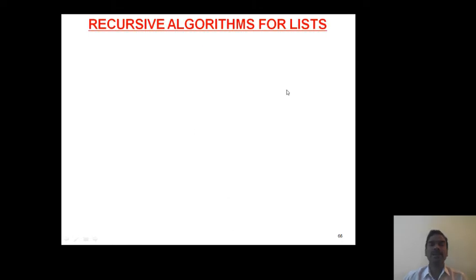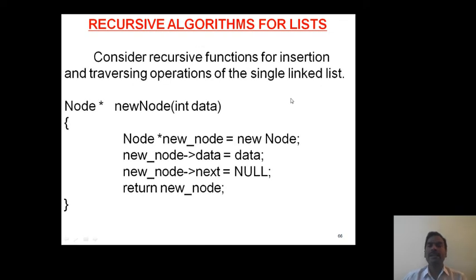The next concept, recursive algorithms for lists. When we design a list representation, in some situations it is possible to design recursive algorithms. Assume initially the node structure is created as node asterisk newNode of int data, open brace. Now node asterisk new_node is equivalent to new node.